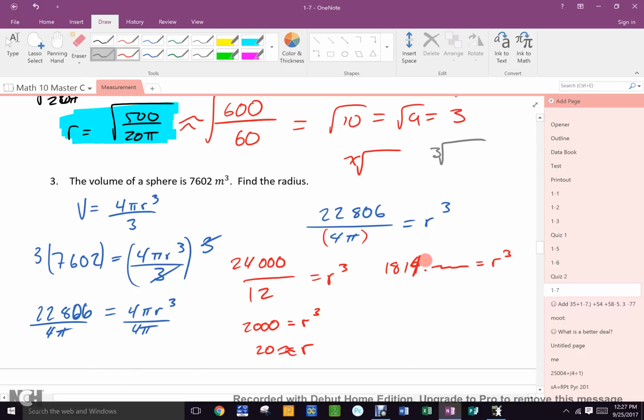Everybody cool? Now remember, what was our estimate? R cubed would be around 2,000. Was r cubed near 2,000? So are we on the right track? Yeah. And then all we got to do is cube root this.